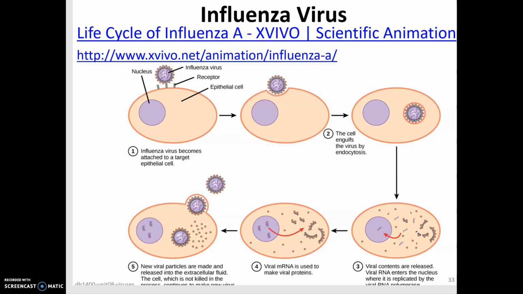They'll be ready to leave the cell, and in this case for influenza, they leave by budding. As they leave, they coat themselves in the plasma membrane of the infected cell. Their membrane gives them the envelope as they leave, and the cell isn't killed when the virus exits the cell.